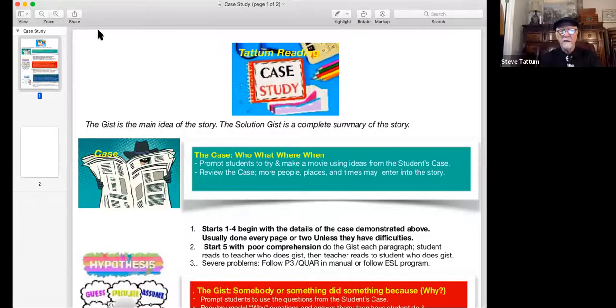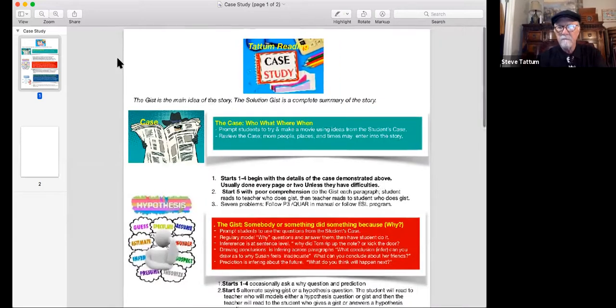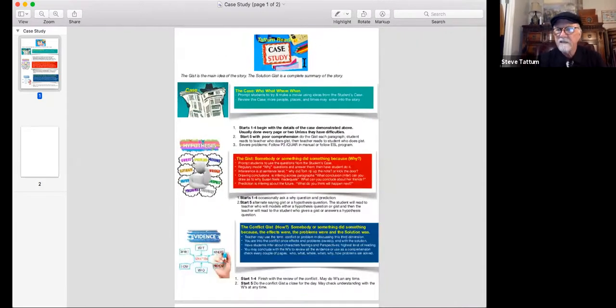So my thought was, let's make this kind of easier for kids. And part of my thinking was this: studies indicate that kids don't use the comprehension skills given them. They don't apply them independently.